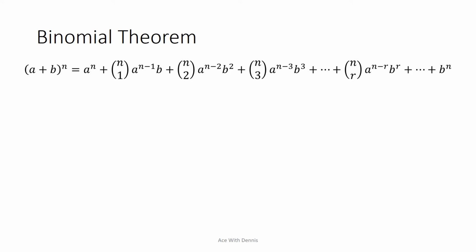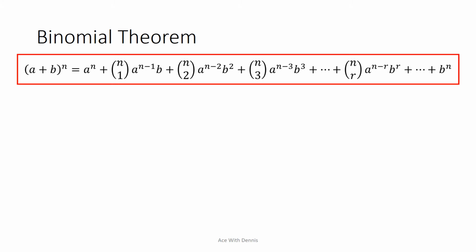This is the formula: (a plus b) to the power n equals a to the power n, plus n choose 1, a to the power n minus 1, b, plus n choose 2, a to the power n minus 2, b squared, plus n choose 3, a to the power n minus 3, b cubed, and continue until the middle term, which is n choose r, a to the power n minus r, b to the power r, until the last term, plus b to the power n. You should remember this formula.